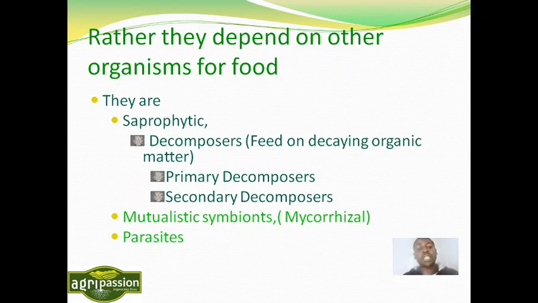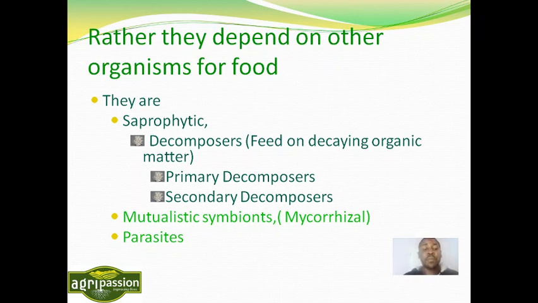Saprophytically means they decompose or feed on decaying organic matter. Amongst these, the decomposers, the saprophytic fungi, are the main part of this presentation, because we are going to be looking more at them. This is where we find most of the mushrooms that we grow for consumption.